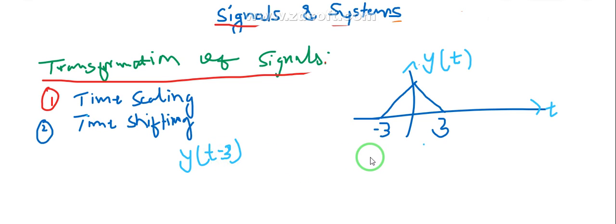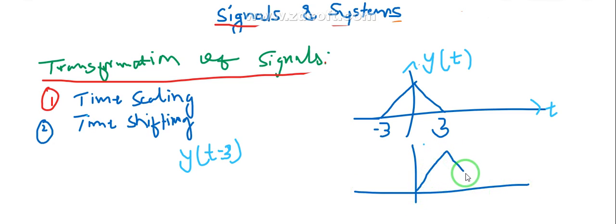Minus 3 means you should shift this signal to the left side. Sorry, right side. Minus means right side. How do you write it?